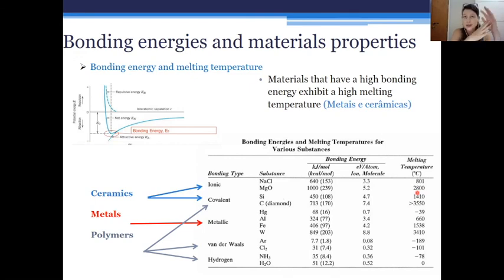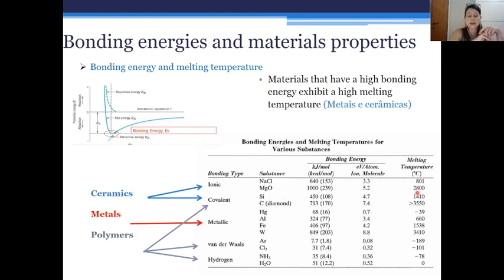In order to melt this material, the energy should be able to overcome the energy of the secondary bond. And we saw that the energy of secondary bonds is much lower than the energy of primary bonds. That's why polymers have a lower melting temperature compared to metals and ceramics. We will see it more deeply in this course.